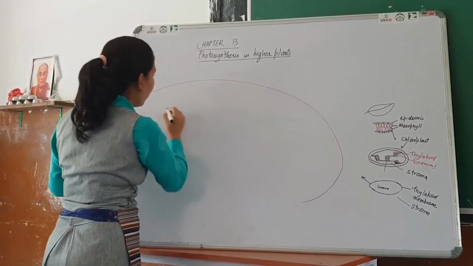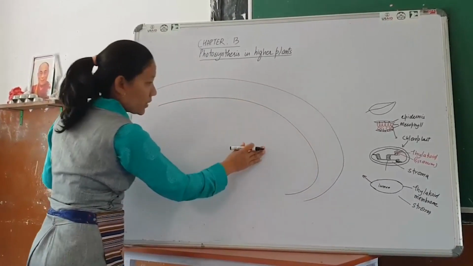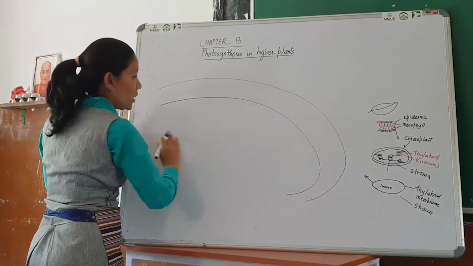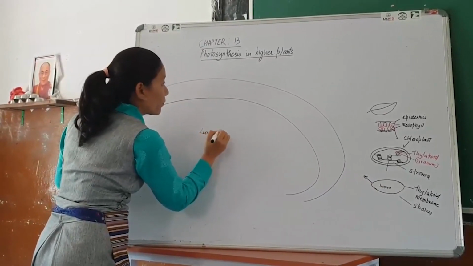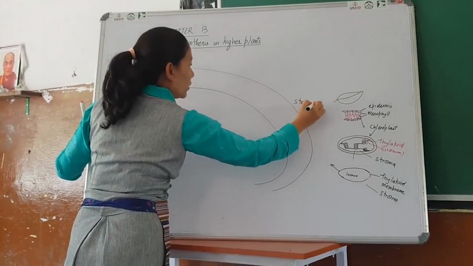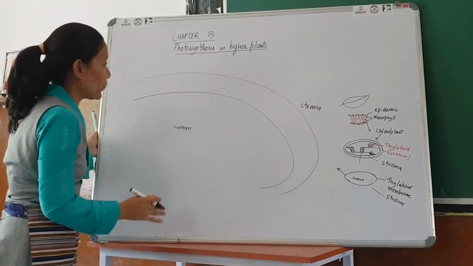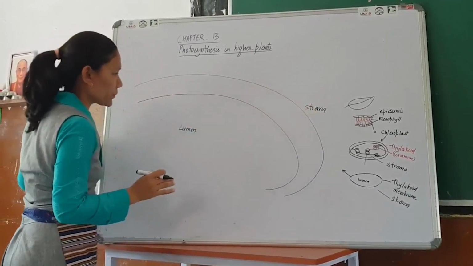This is the thylakoid membrane, and you can see that this is the lumen here, and here is the stroma, that is outside the lumen.